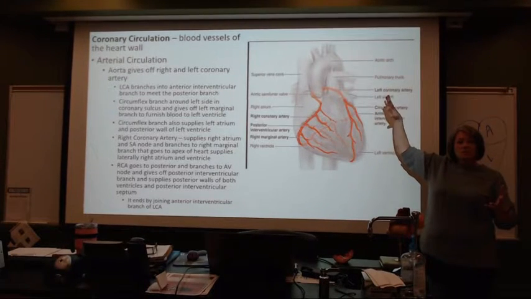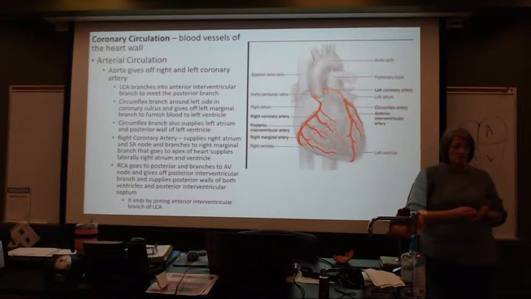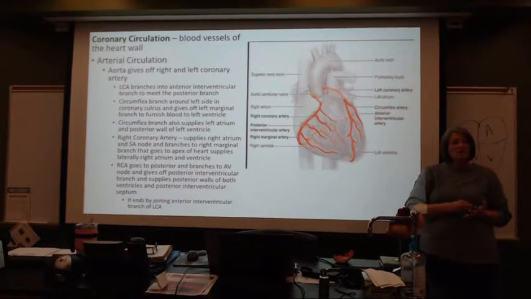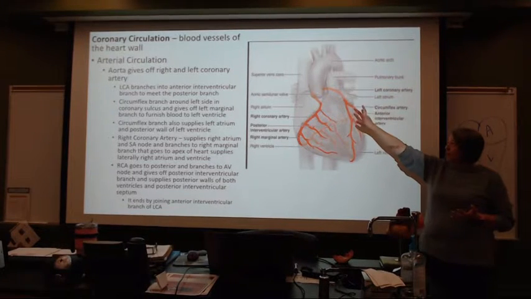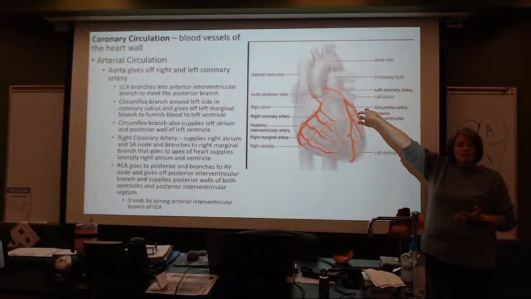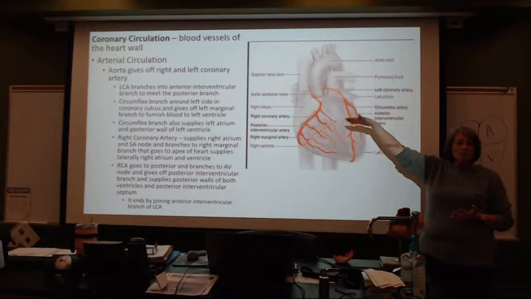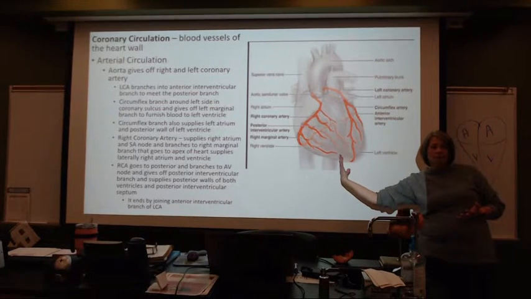So this would simply be the blood flow to those heart muscles, all right? So that blood flow to the heart tissues branches from my aorta, comes down, goes around, goes to the sides, goes to the front, goes to the back.